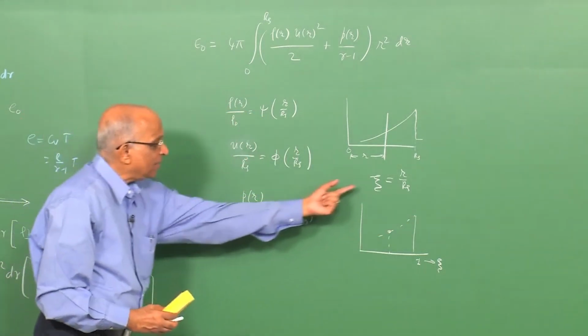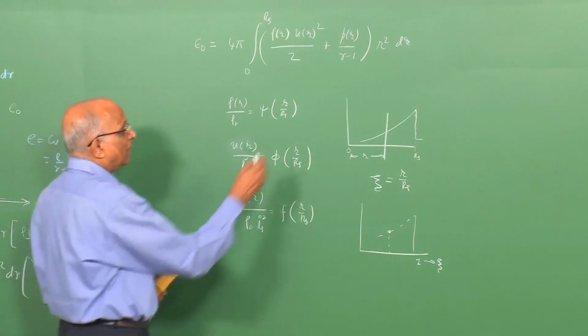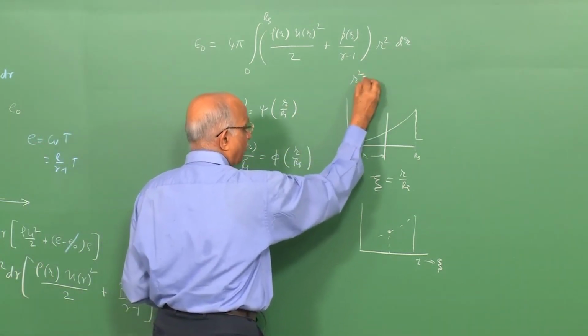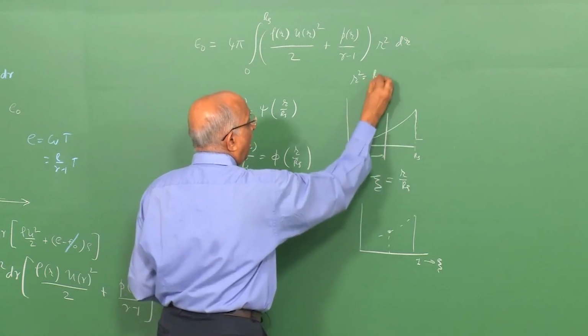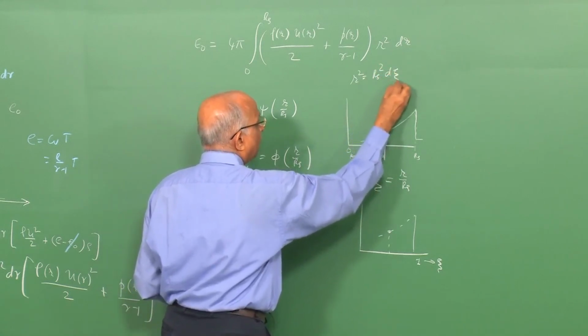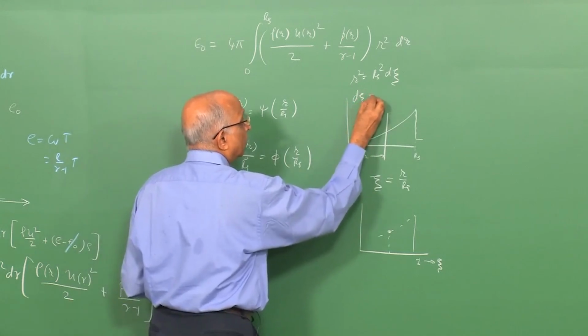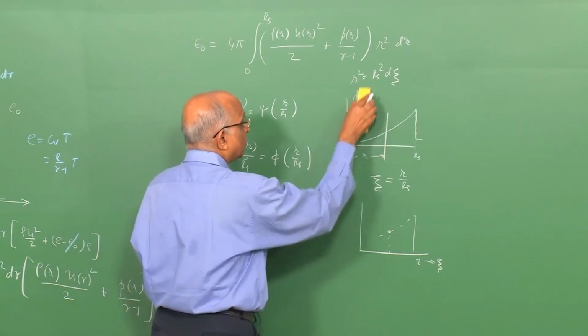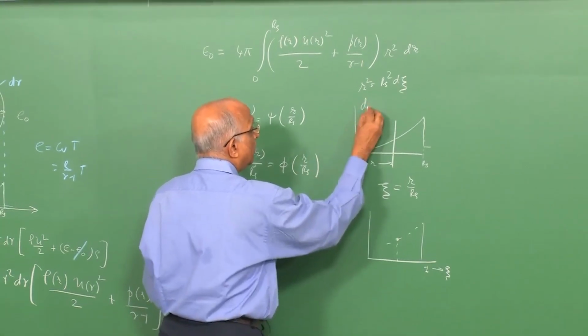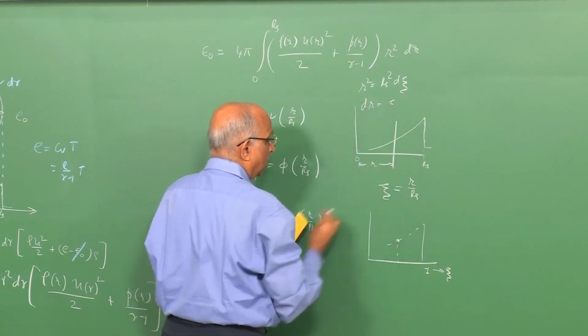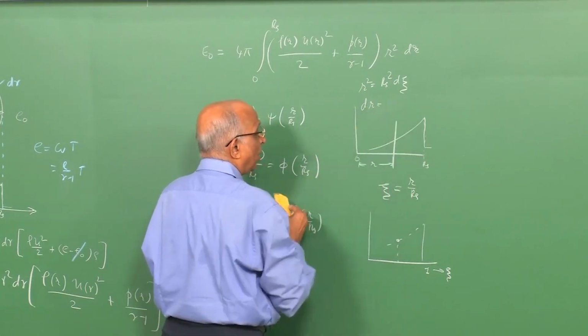Therefore, if zeta is equal to r by Rs, can I change these coordinates? Then automatically r square becomes equal to Rs square into zeta square, and dr, let us substitute the value of dr over here. Dr from this expression becomes equal to Rs d zeta for a particular value of Rs.